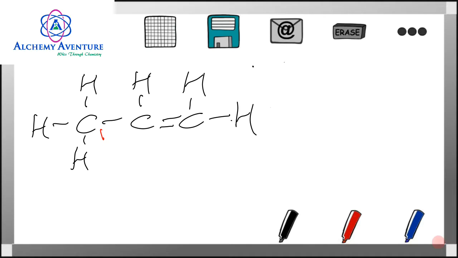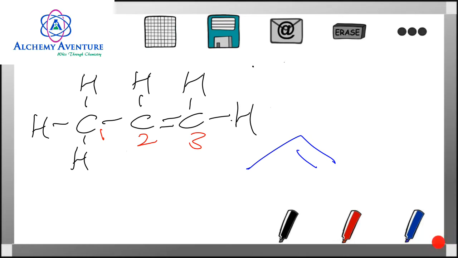Let's count the total number of carbon atoms. 1, 2, 3. 3 carbon atoms. So this is how you draw our skeletal formula. 1, 2, 3. Alright. And since the double bond lies in carbon 2 and carbon 3, we just put one more line here. Therefore, a double bond is represented by 2 parallel lines.